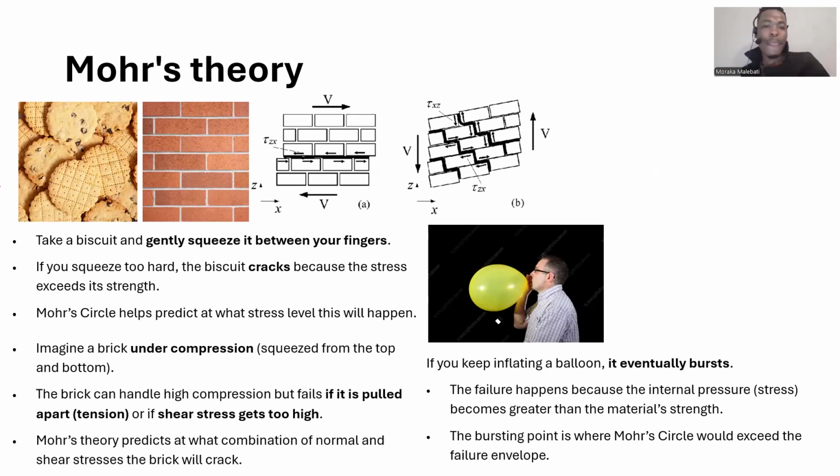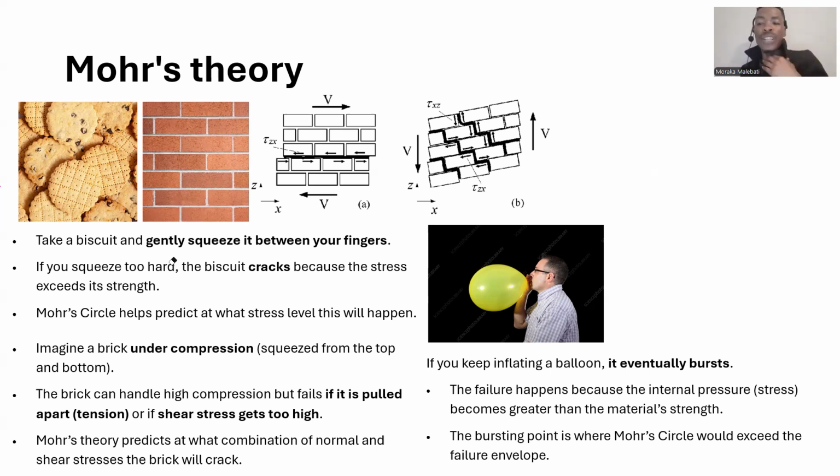I hope you understand. Also, if I give you this brick layering, we know that it can withstand high stresses for millions and millions of years, especially if these bricks are under compression, squeezed from top and bottom.